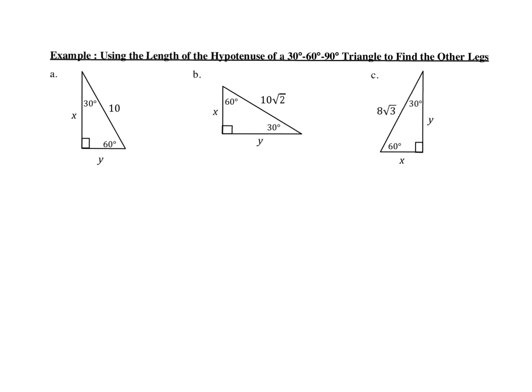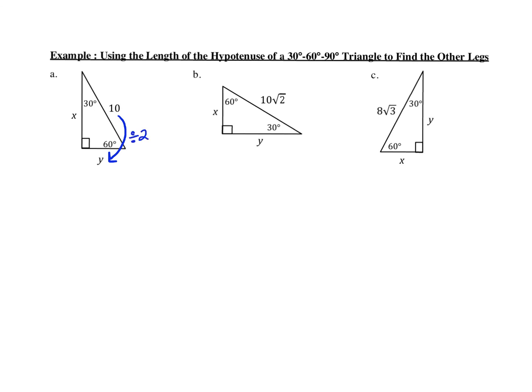For these examples, we're going to use the length of the hypotenuse to find the other legs. So this time, notice all of our short sides are not given to us. So that means we're going to be doing some dividing. Okay, so let's look at letter A. If I have the hypotenuse and I'm going to the short side, that would be dividing by 2.